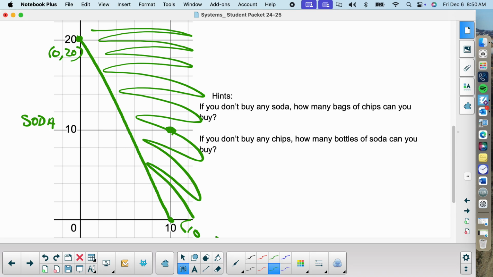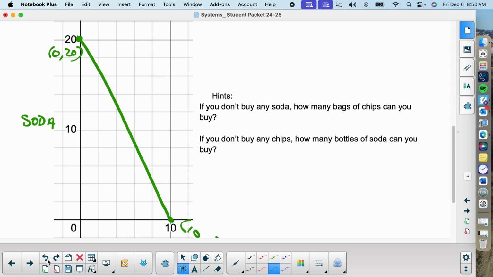So this would be like $22.50 or something. So for shading, it's going to be this half, because all of the points in here would cost less than $15. Like if I did 4 bags of chips, 6 bottles of soda, that would be less than $15.